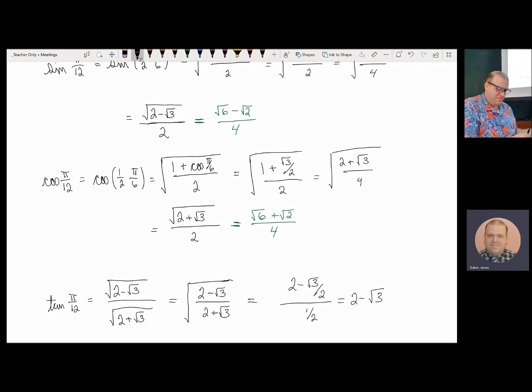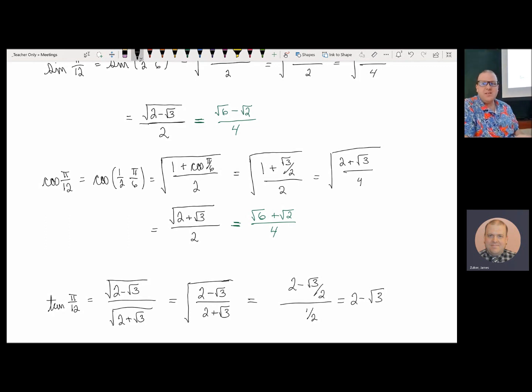How did you get from the square root over to just 2 minus root 3 over 2? Different formula. This one is the 1 minus cosine over sine. Remember, tangent of theta over 2 has 3 identities. One of them is 1 minus cosine of theta all over sine of theta.